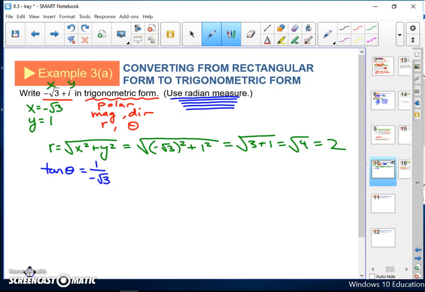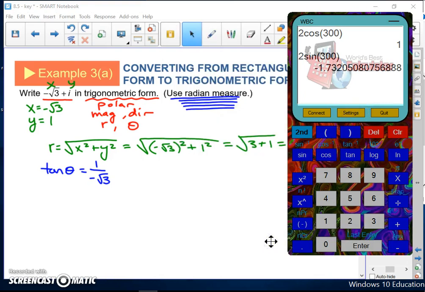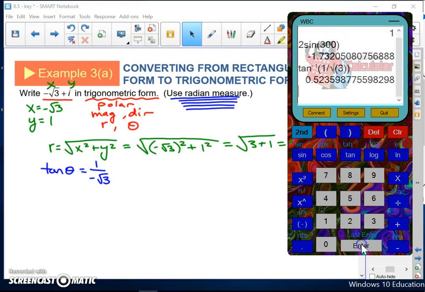Now, if we were using our calculator, we'd put it in radian mode, and we would just do inverse tangent of 1 over square root of 3. But that's kind of hard to read in radians. It would be that number right there, that 0.523, that number would be the reference angle where tangent is negative, so we still have to think about where that is.